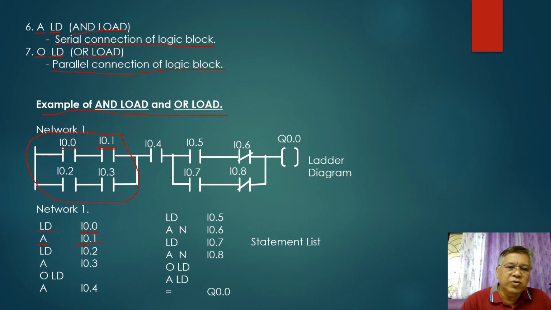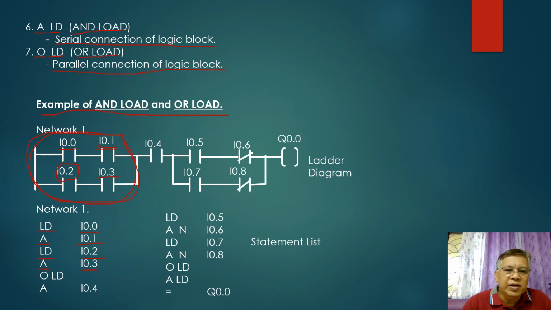Now, since this is one block, we cannot go directly with giving a command OR to I 0.2, but we start again with load I 0.2. Then again, I 0.2 is connected in series with I 0.3, so we make a command AND I 0.3. Now these two logic blocks are connected in parallel.